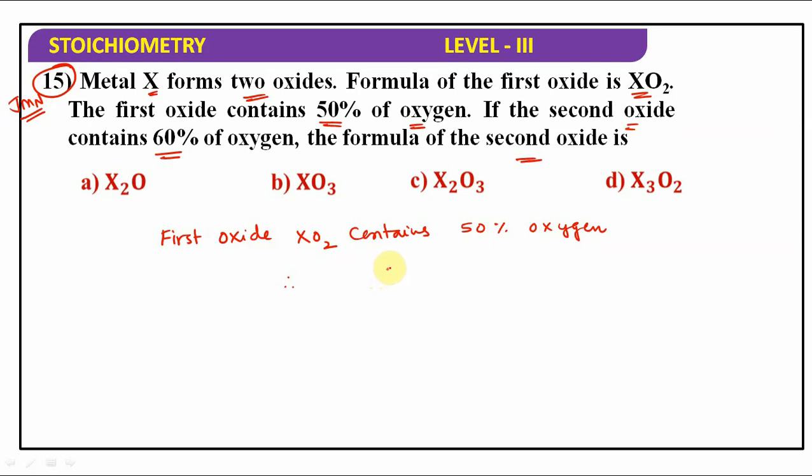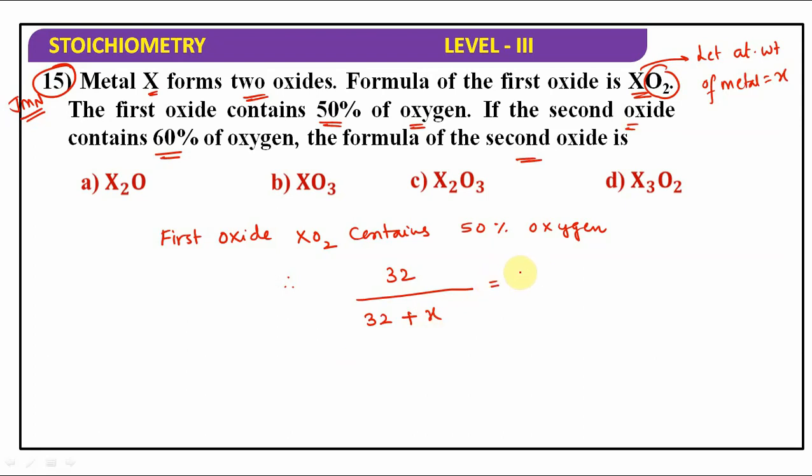Mass of oxygen is how much? 32, 2 into 16, upon total mass. Do you know the atomic weight of the metal? No. Sorry, metal X. Let atomic weight of metal be equal to X. So 32 plus X.